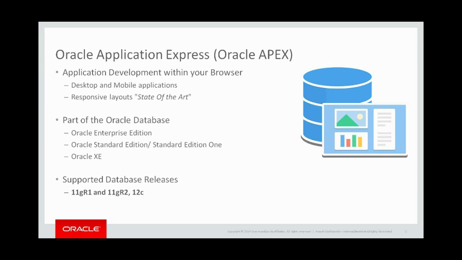So for the vast majority of customers, this is not an issue at all. Most customers I meet typically run on 11.2. There are typically a few databases with 10 and 9, but that's a minority.